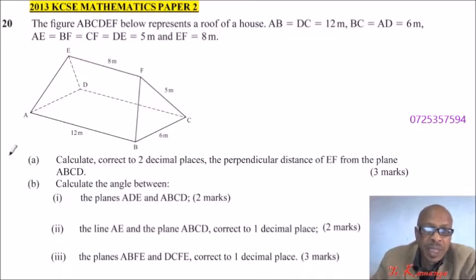What we do is draw a line here which passes at the middle, and then we drop a perpendicular line here, like that. Let's label this point G and this point H here.